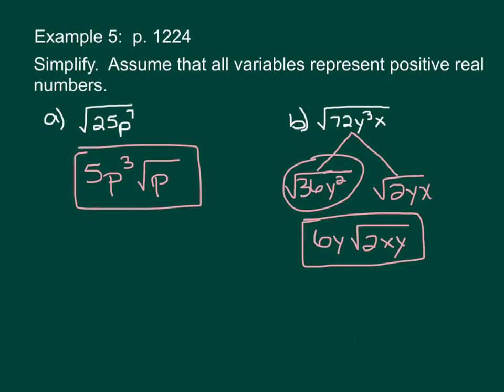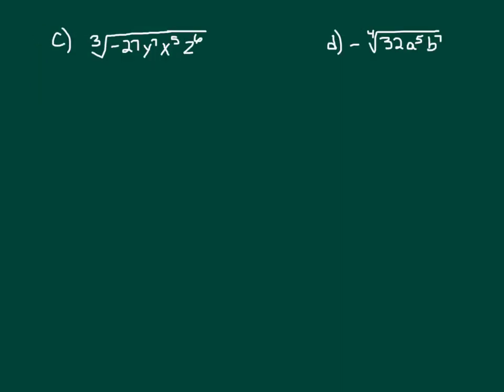the variables in. Alright, for C, we're looking at the cubed root of negative 27, y to the 7th, x to the 5th, z to the 6th. So again, we're breaking it up into two parts. Remember, you're looking at cubed roots, so negative 27 is a perfect cube. And then y to the 7th, so 7 divided by 3.